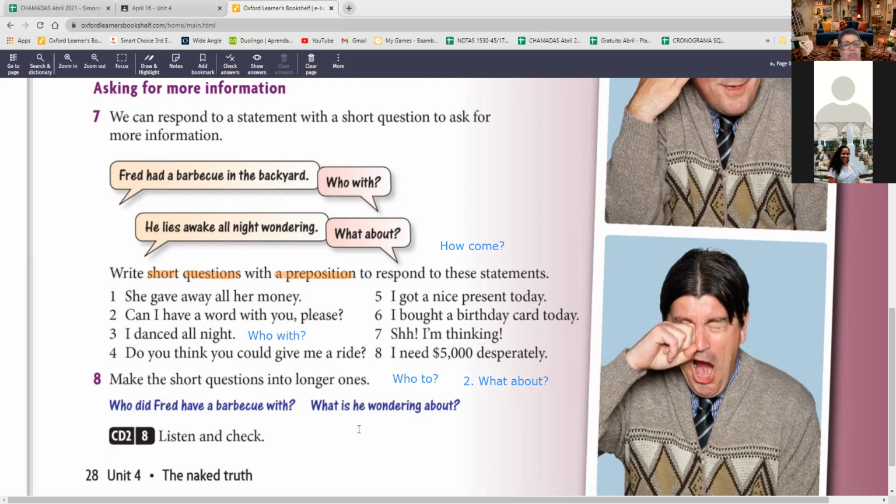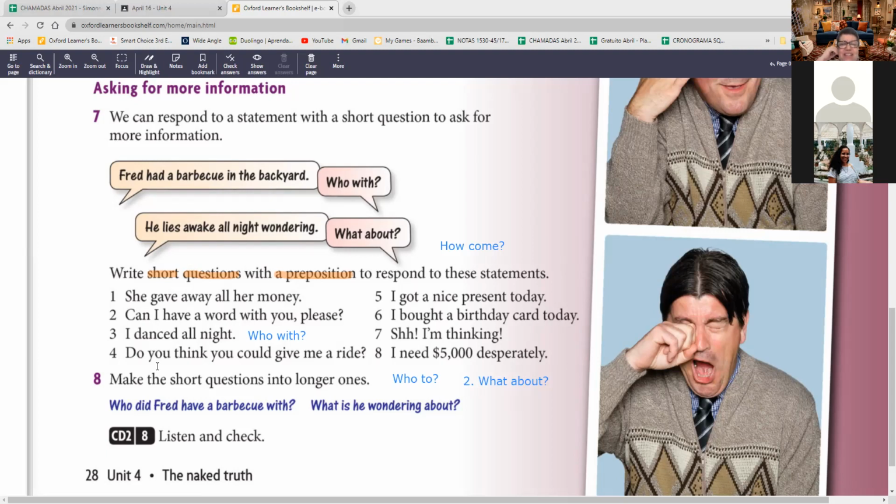Number four: do you think you could give me a ride? Suppose you're driving and I'm walking and you see me. And I just ask you, oh, how nice, thank you so much for stopping. Do you think you could give me a ride?